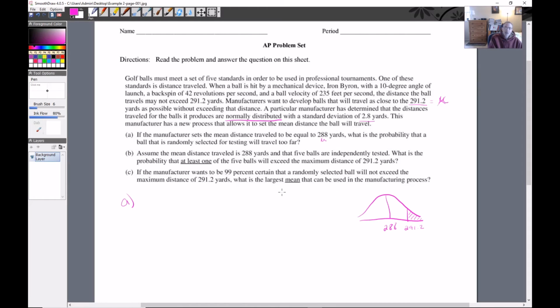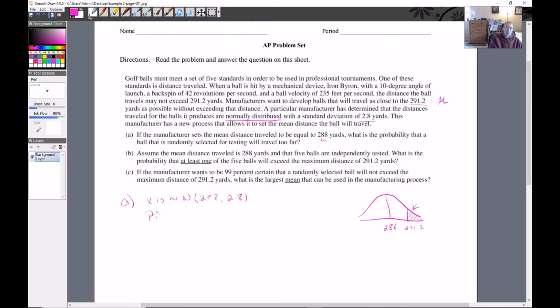All right, so we can just say that X is approximately normal with a mean of 288, at least in this problem, and a standard deviation of 2.8. And that's, again, the shorthand notation that they like. Now we can just go to calculator speak. Okay, so we want that region there, the probability that is represented by that region.